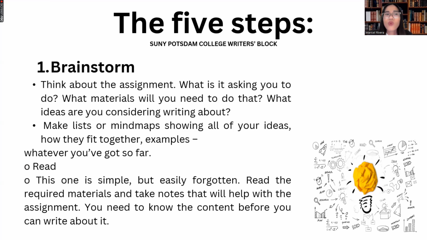So whatever you have, you can also go with reading. Okay, another example of how you could brainstorm is to read. So this one is simple. Reading is simple, but usually we forget about it. Now what you have to do is read the required materials and at the same time take notes that will help with the assignment. You need to know the content before you can write about it. So know details about the things, okay?